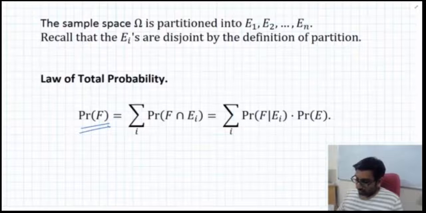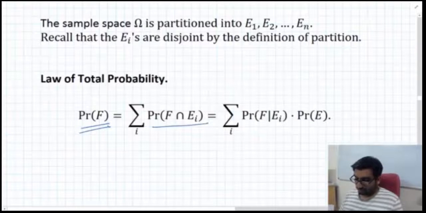Great. And now we simply notice that the probability of F intersected with an Ei can be written as the probability of F given Ei times the probability of Ei. Why is that?